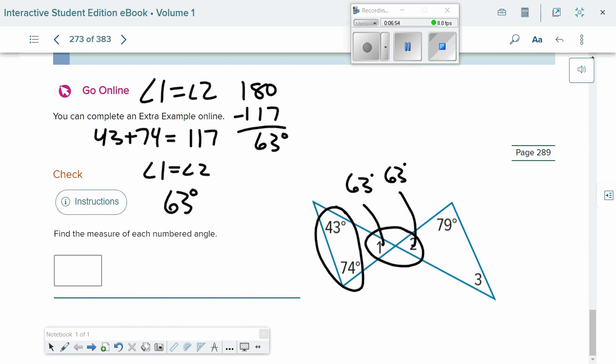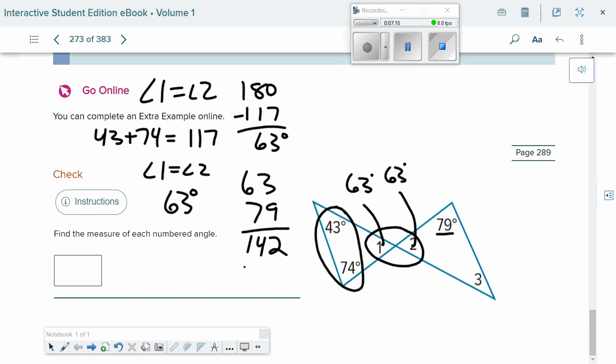So now I can use that to get angle 3. They give me the third angle over here of 79. So I could take the 2 angles in that particular triangle, 63, which is angle 2, and 79, and add those together. I get 142, I think.